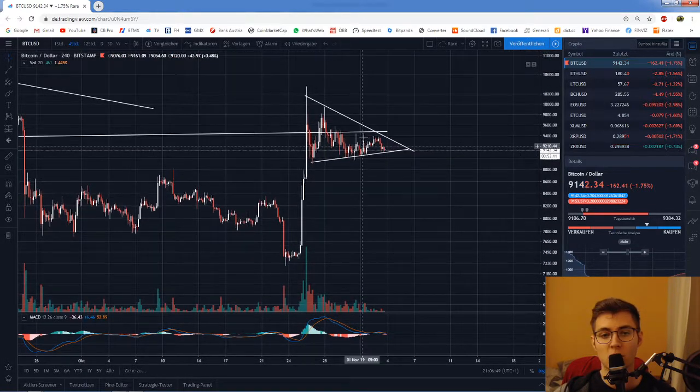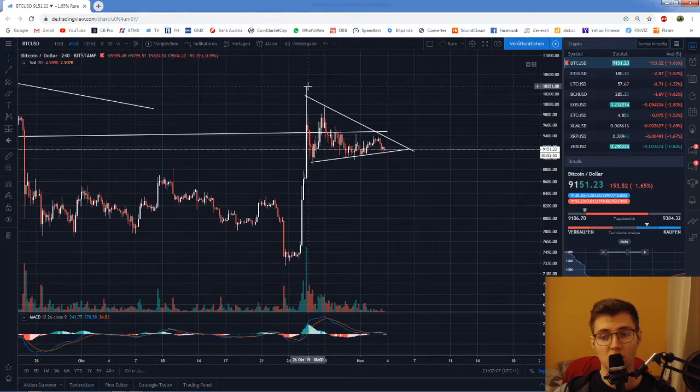So let's say price breaks now beyond that recent lower high. There is still right here around 9.5k to $10,000, 9.9k, and still the high of 10,300.